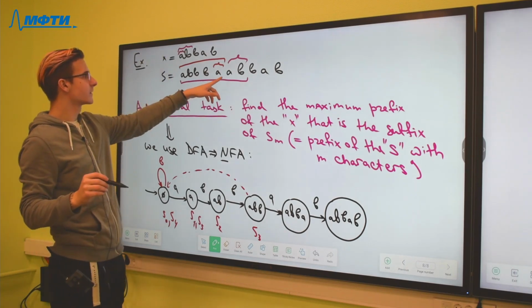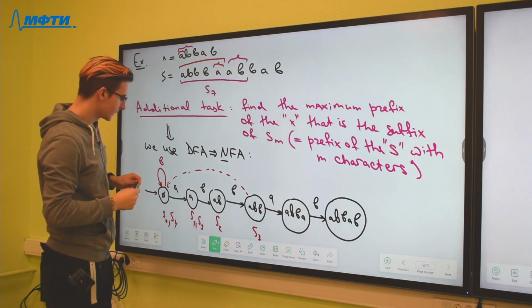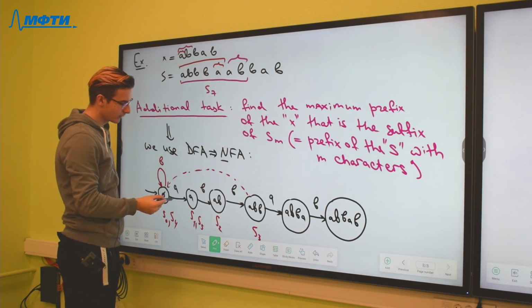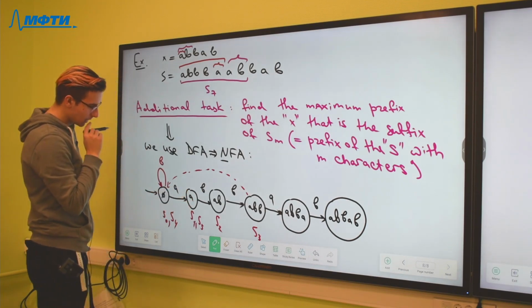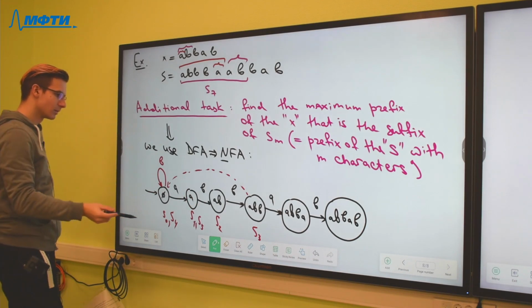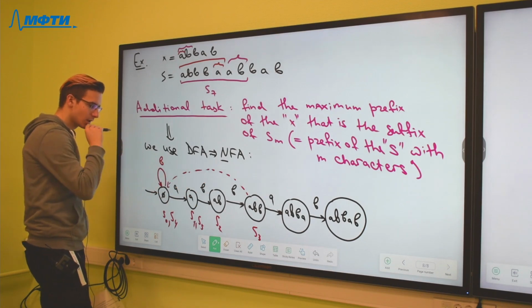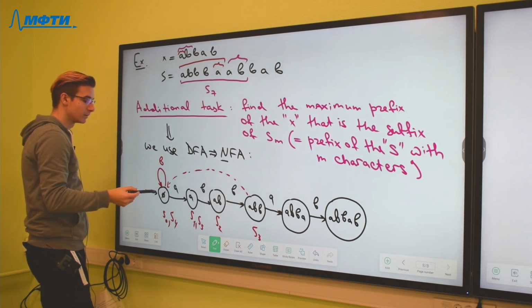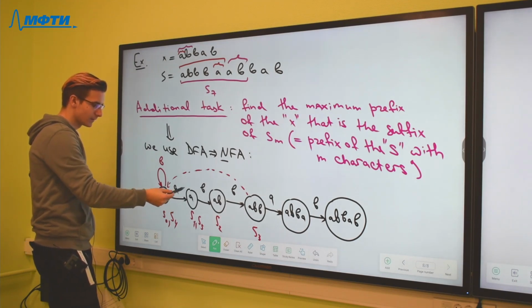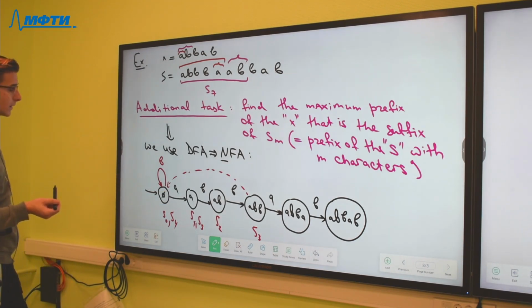And then I see the character A. And I see that in this graph, we have no edge between this vertex and this one with the character A. And I need to find such a link or such an edge that starts with this vertex and ends with it.